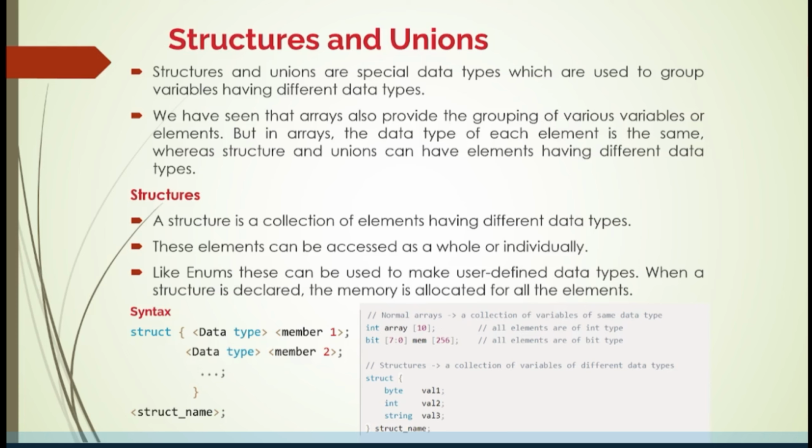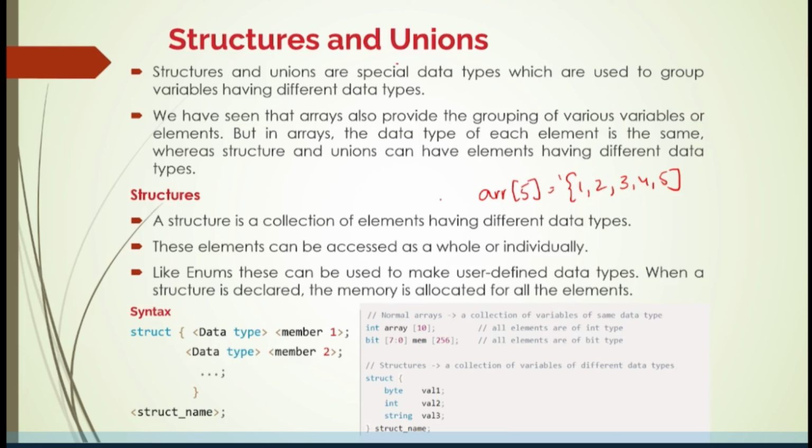An array is a collection of elements, right? For example, if you are taking an array of 5, you take 5 elements like 1, 2, 3, 4, 5.